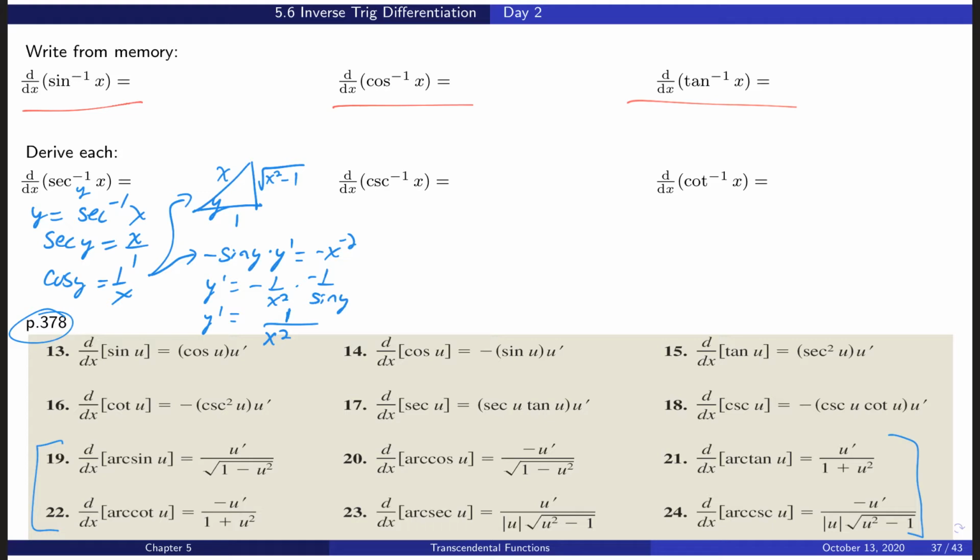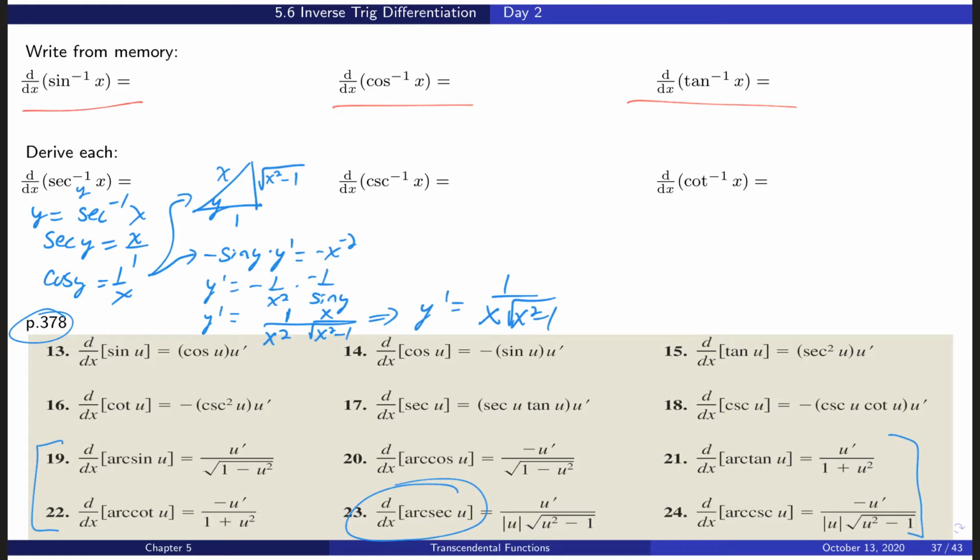Using your diagram, sine is opposite over hypotenuse, so that would be the square root of x squared minus 1 over x. So the reciprocal is x over the square root of x squared minus 1. Simplifying a little bit, we get y prime is 1 over x times the square root of x squared minus 1. And that matches what we have down here for the derivative of inverse secant, the derivative of arcsecant.